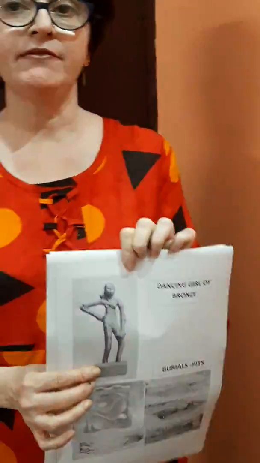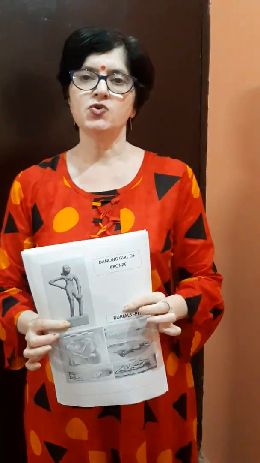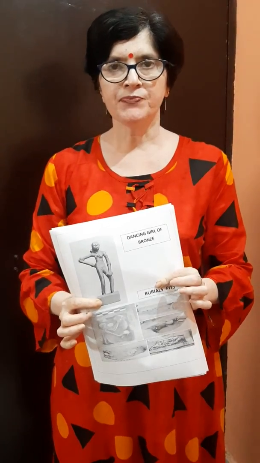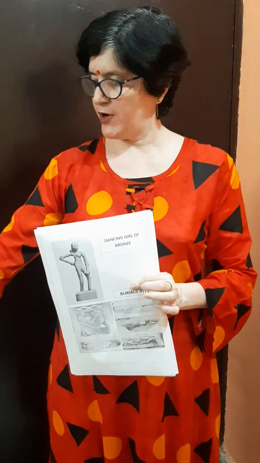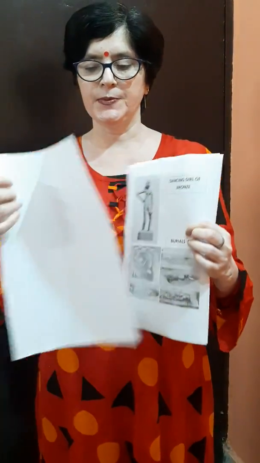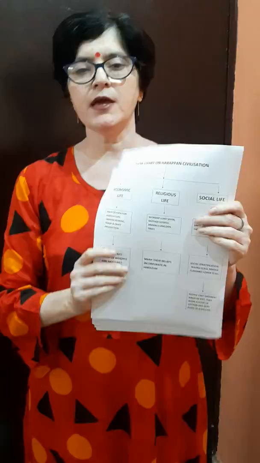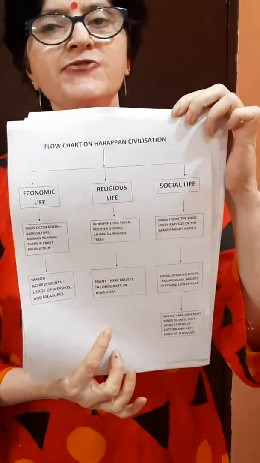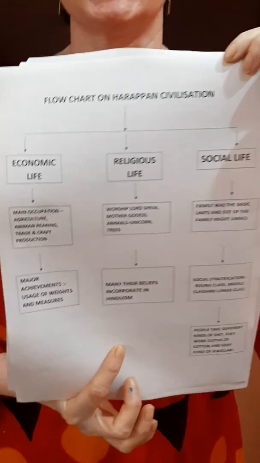So these are all archaeological evidences which we have with us. So we have to go through them. I will send you these things also, and you have to go through them once again and see for yourself. I've made a flow chart for you just to make learning simple. I will send it to you later on.